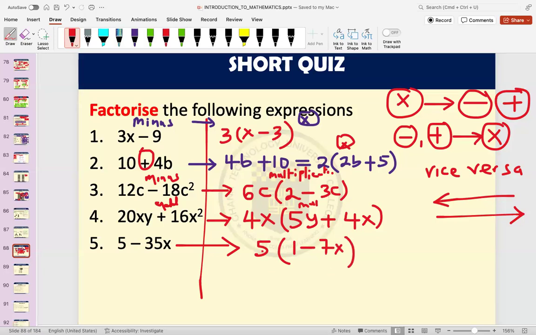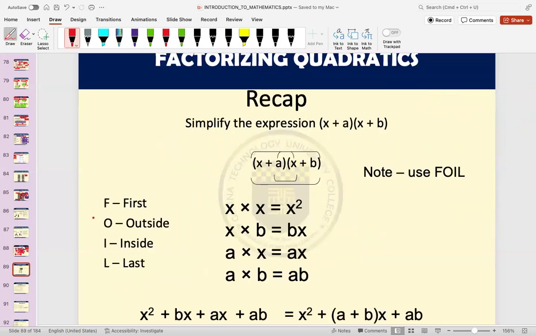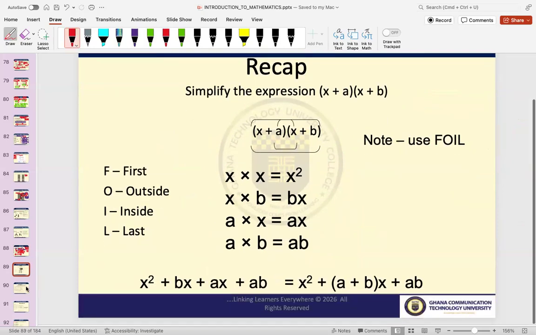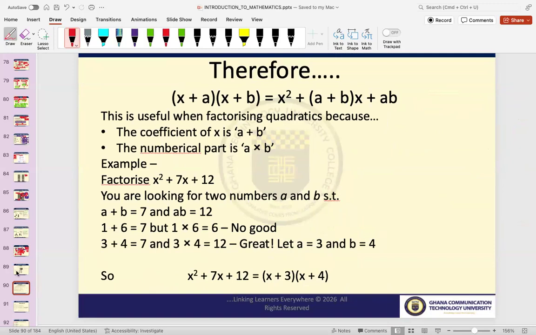So finally, we have 5 into 1 minus 7x. When you expand, you get back this one. And so we have changed it from minus to multiplication, what is within the bracket. And that is the end of our short quiz. Any question?